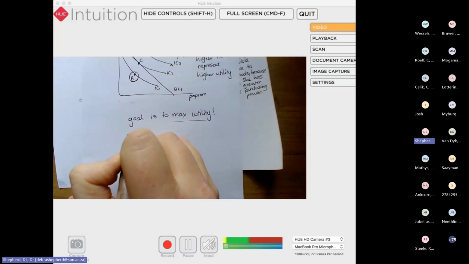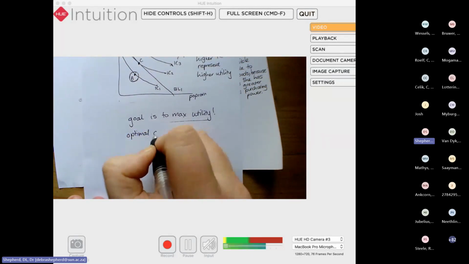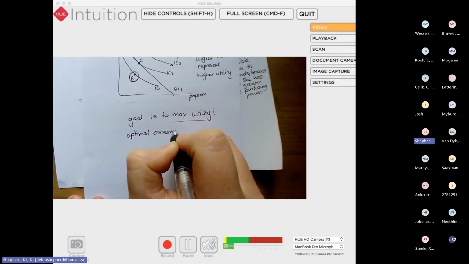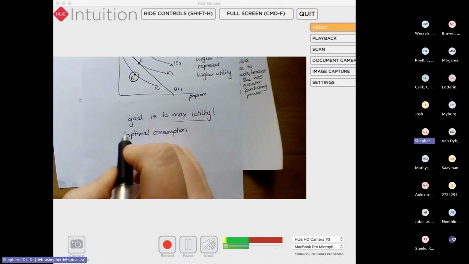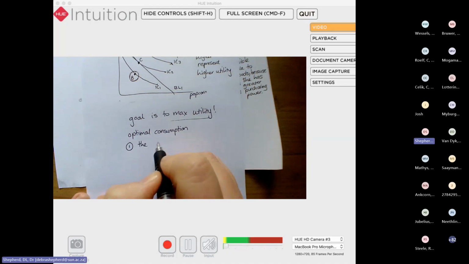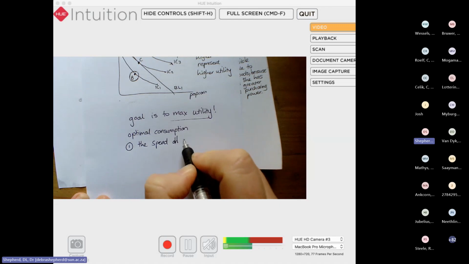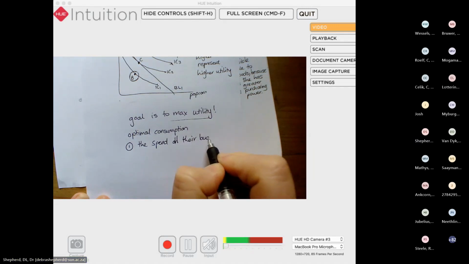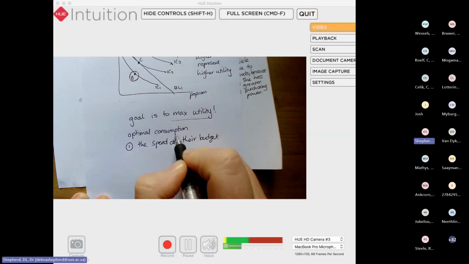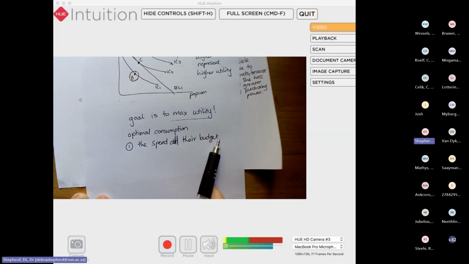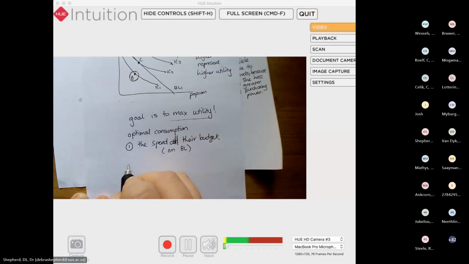So we say that a consumer reaches their optimal consumption when they spend all their budget. What does that mean? It means you're on your budget line.